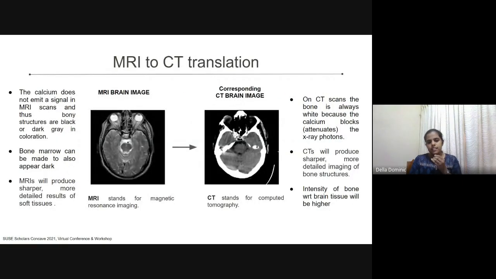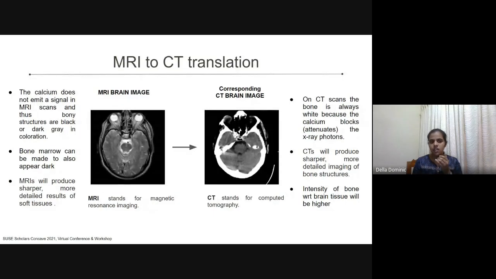Now, given here is an image of an MRI brain image and its corresponding CT brain image. MRI stands for magnetic resonance imaging and CT stands for computed tomography. MRI is mainly used for producing detailed and sharper images of soft tissues of our body parts. And due to the fact that calcium does not emit a signal for MRI, bony structures, including bone matter, are not reflected that much.